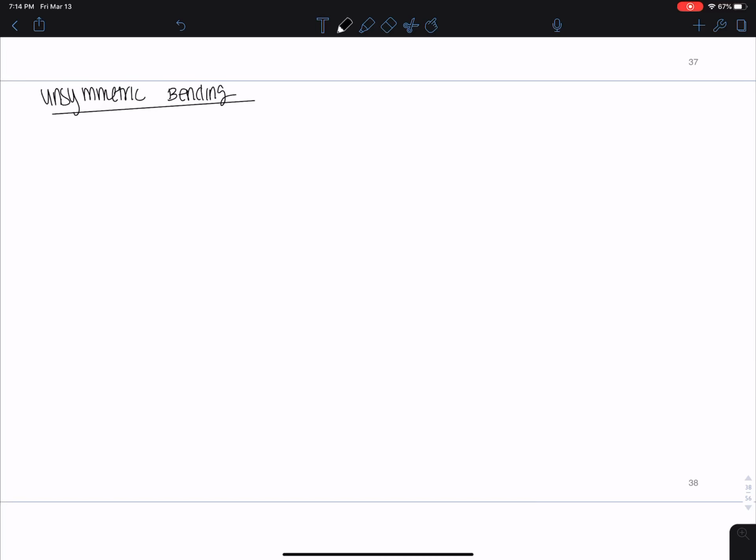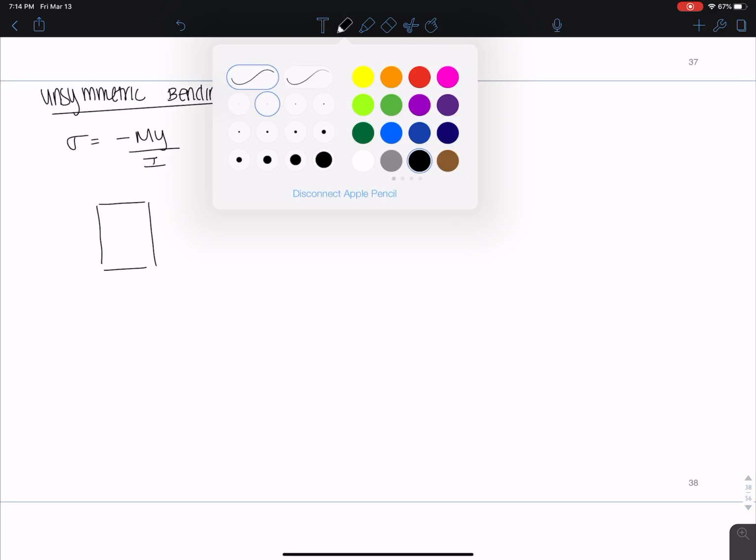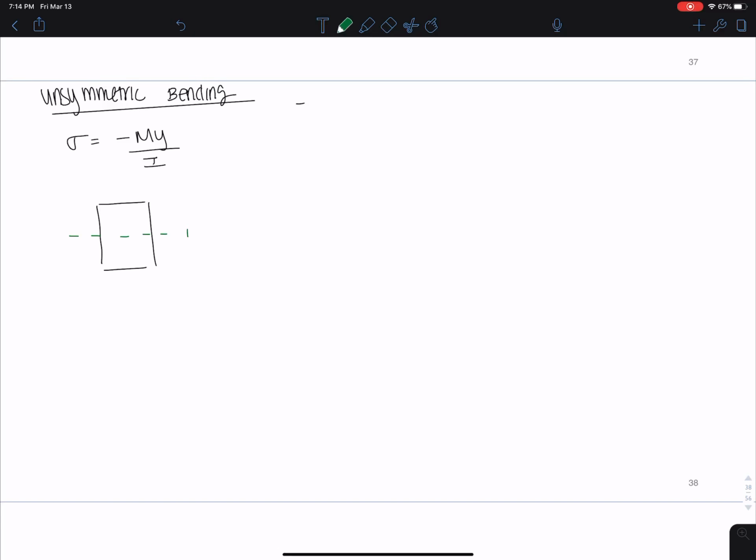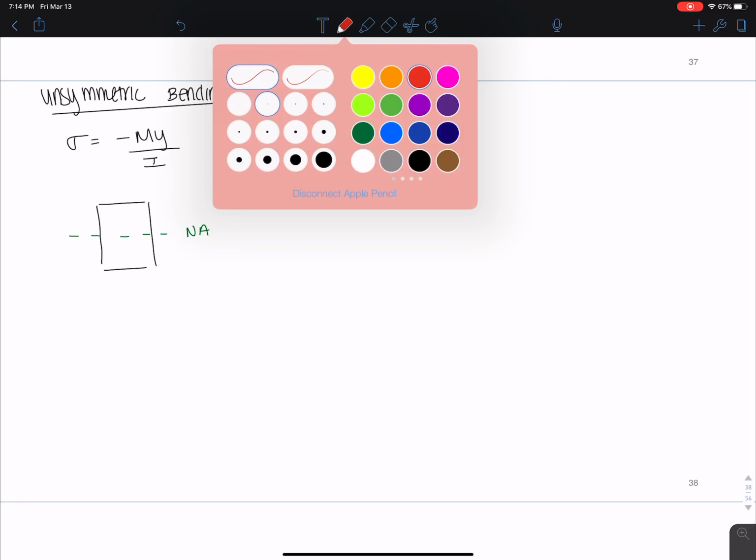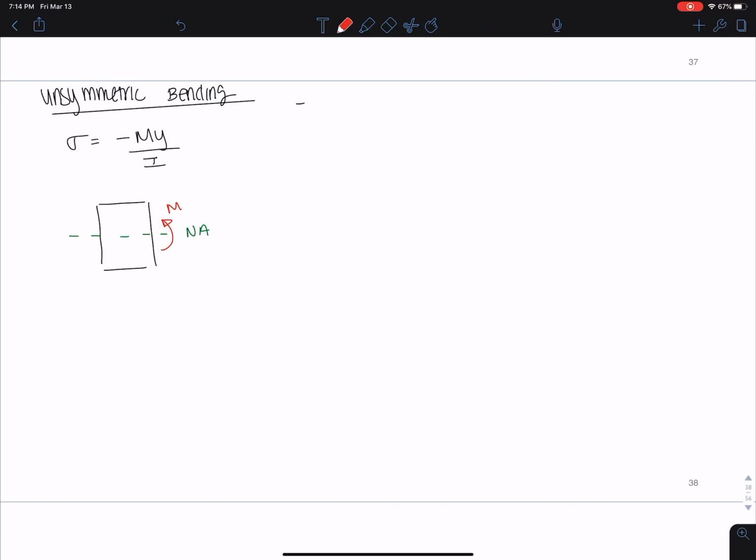Okay, and if we remember, we derived the flexure formula. We derived sigma equals negative My over I for a transversely loaded beam. So what that means is if I have this cross section here and this is my neutral axis, I have some moment applied here and I have some base b, some height h here, and I can determine the stress caused by the bending moment at this cross section.